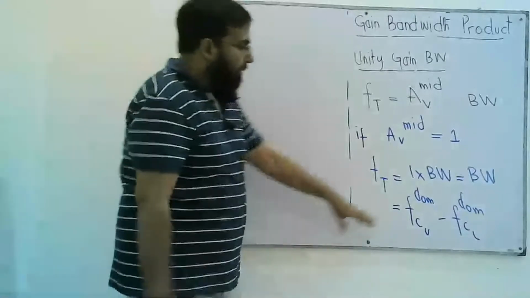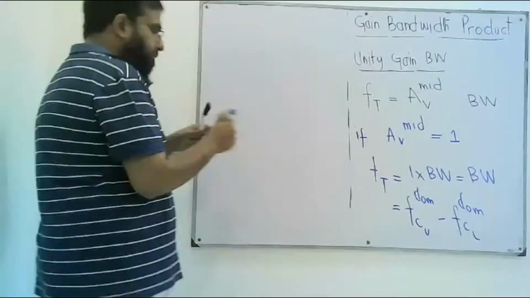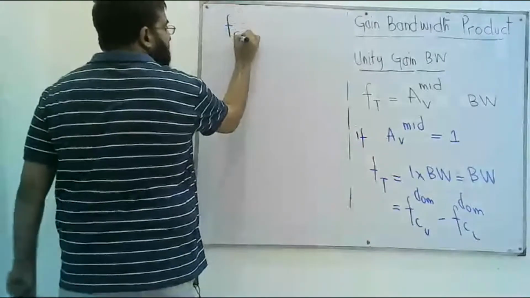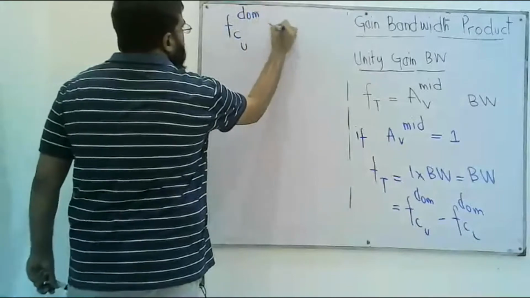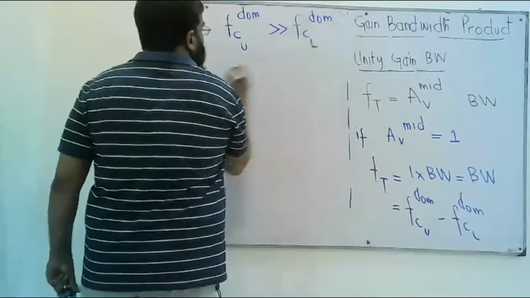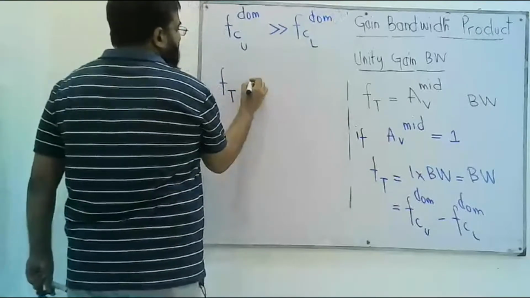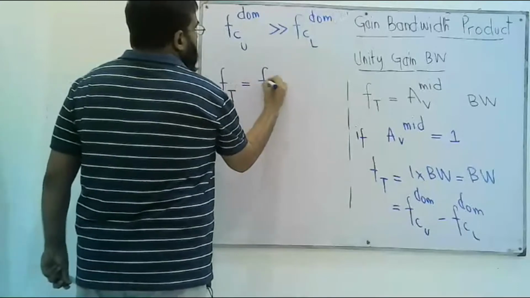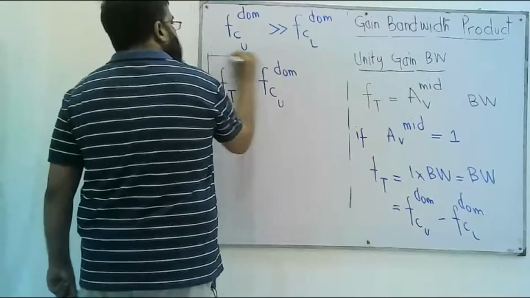This lower dominant cutoff frequency is very small, a few hertz or a few hundred hertz. So if we assume FCU dominant to be much larger than FCL dominant, the unity gain bandwidth Ft is equal to FCU dominant.